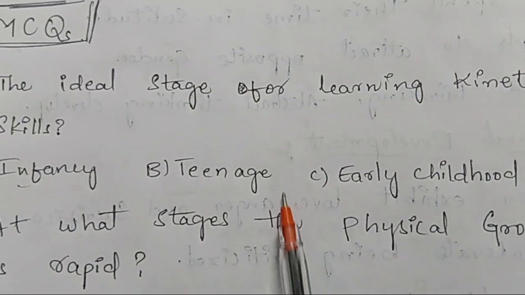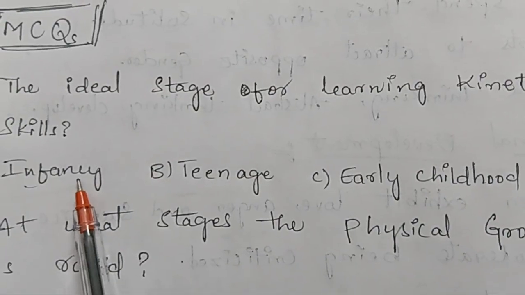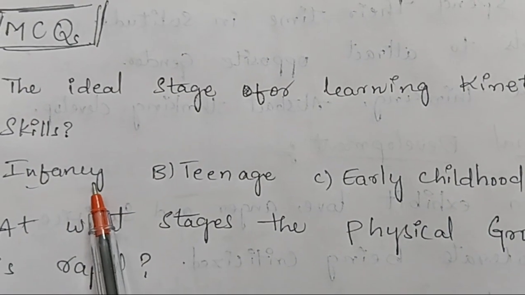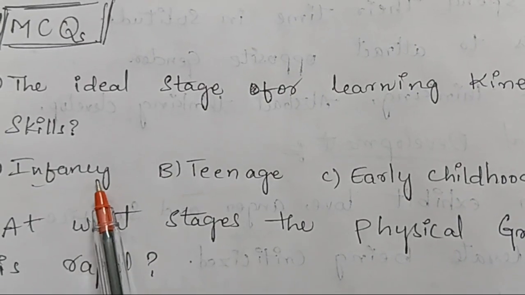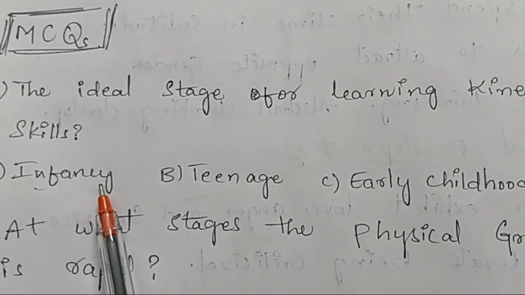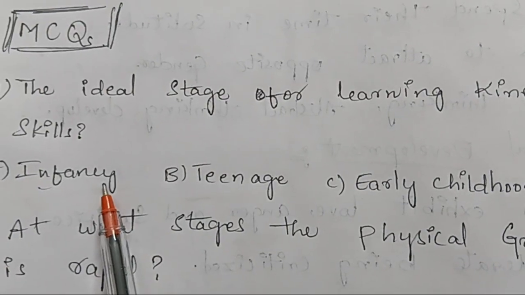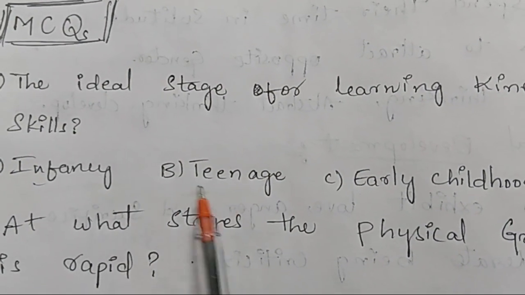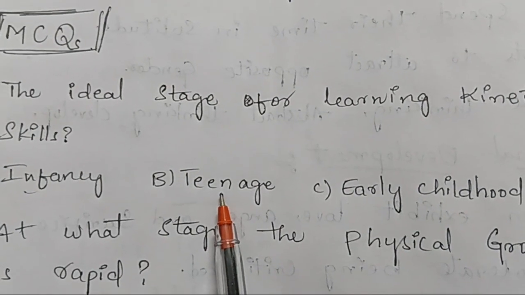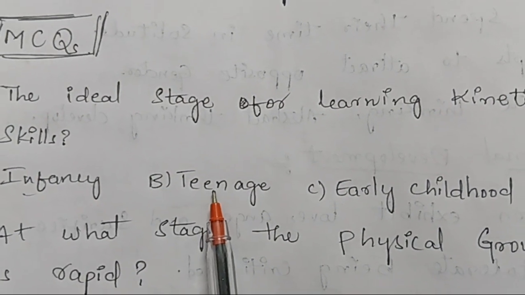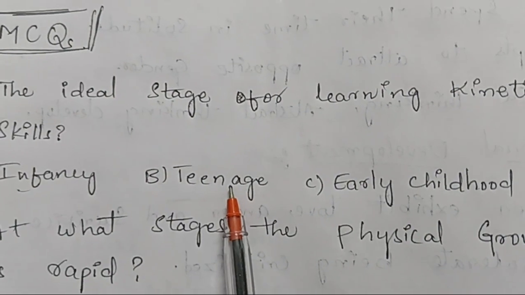See, in the infancy stage there is rapid physical growth, but there is no growth for fine motor skills and gross motor skills development, right? Teenage is where almost all our physical growth is somewhat decreased.